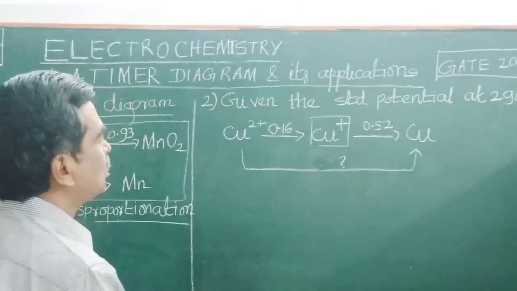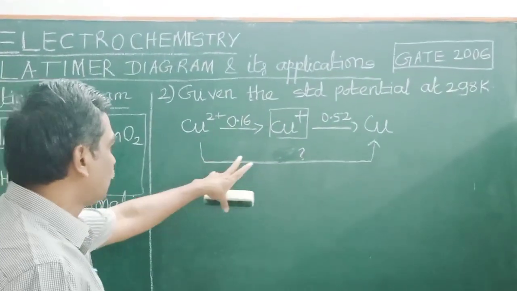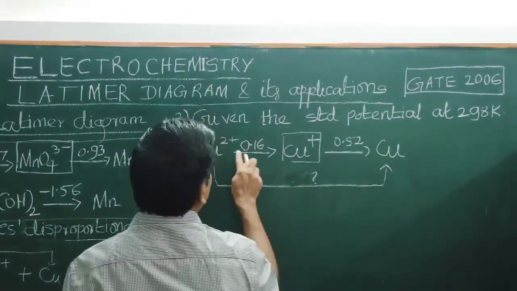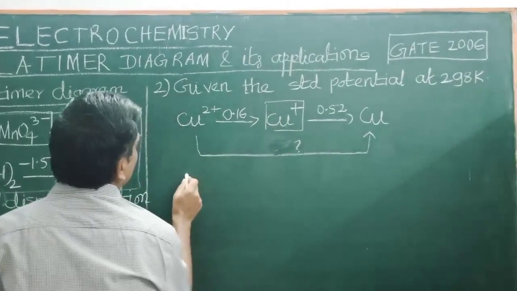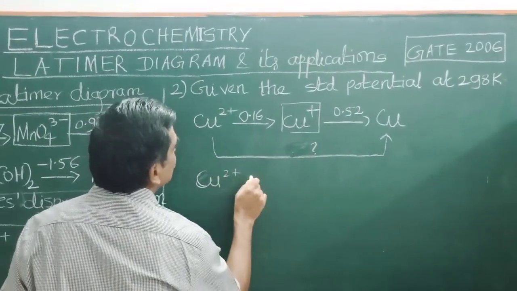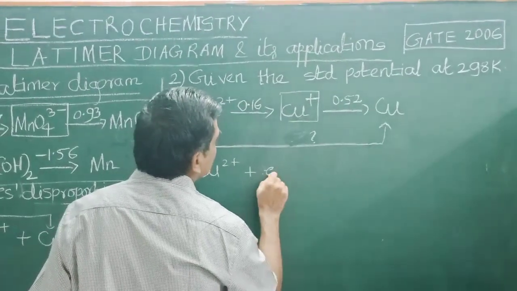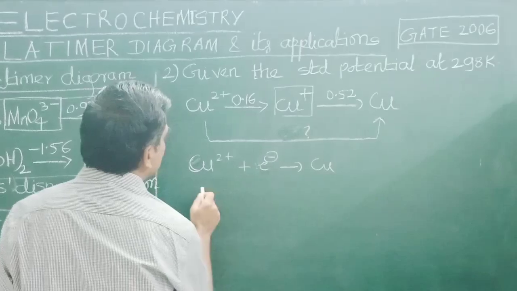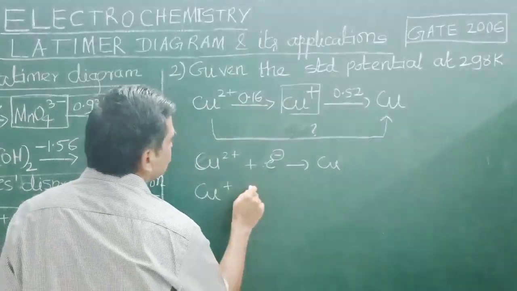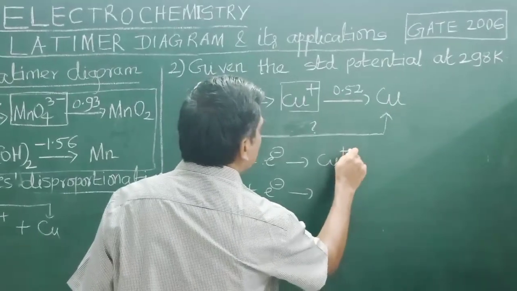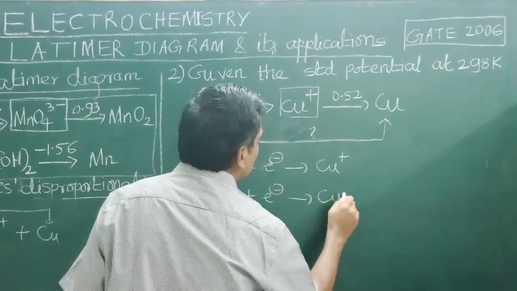Now, this is not the question here. This undergoes disproportionation, but they have asked the potential for this copper. We can write this: Cu2 plus 1 electron gives Cu plus. And the next, Cu plus 1 electron gives Cu.